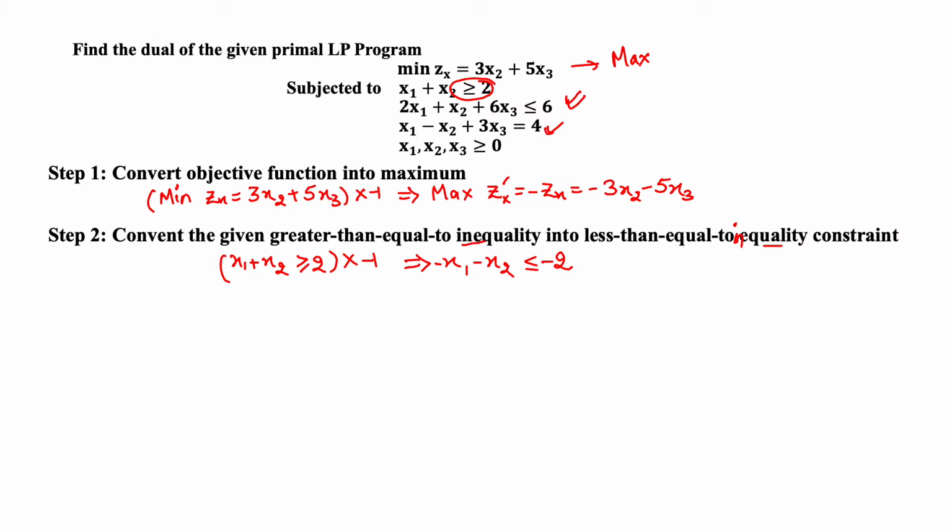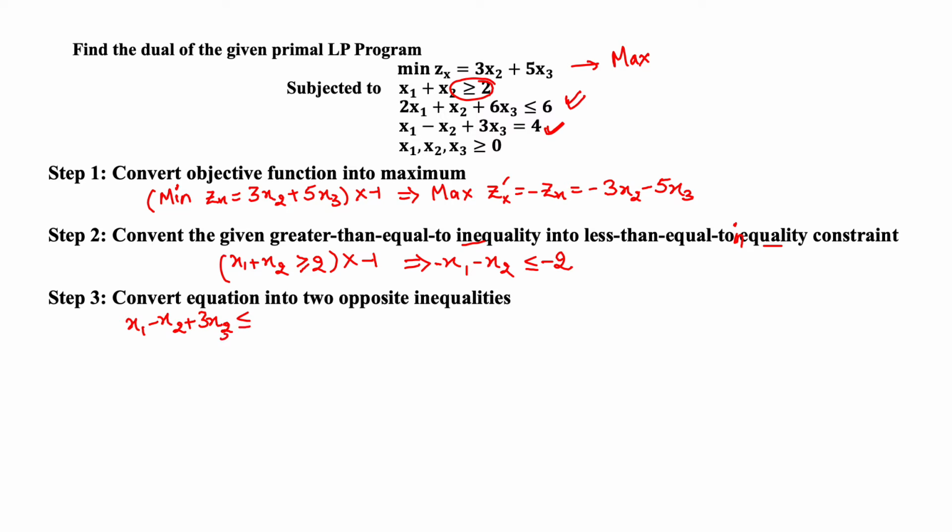Next is what we will do with equality constraints. So it will convert it into two inequalities. One will be where my constraint equation is having less than equals to form, this is 3, and another is where it is greater than.